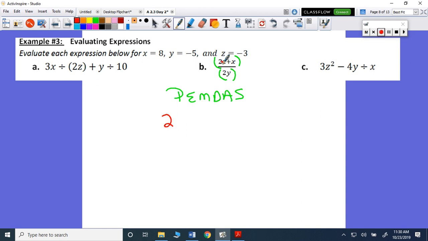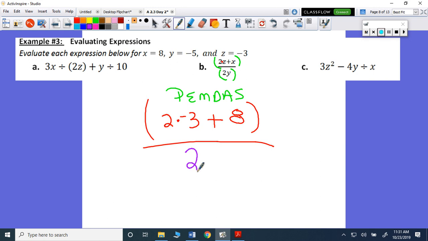Multiply. So put the dot in or else you're going to think it's 23. What do they want me to put in for X? 8. Those of you that I fussed at that didn't show me work, there's no way to do this without showing that work. And for Y, they want a negative 5. Remember, 2 and a Y back to back means multiply.